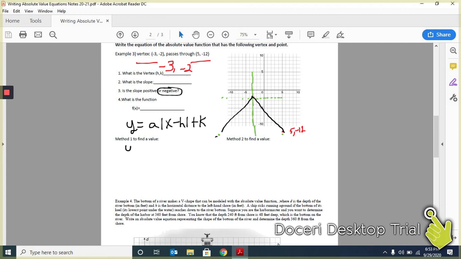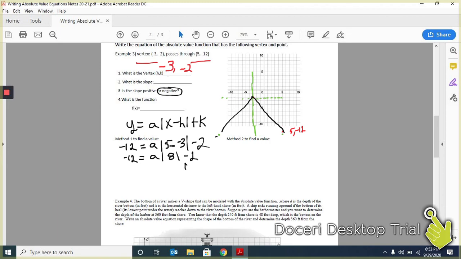Y would be negative 12, which is equal to a, which I don't know, times the absolute value of x, which is 5, minus h, which is negative 3, minus 2. And then I work this out. Negative 12 is equal to a times 8, minus 2.